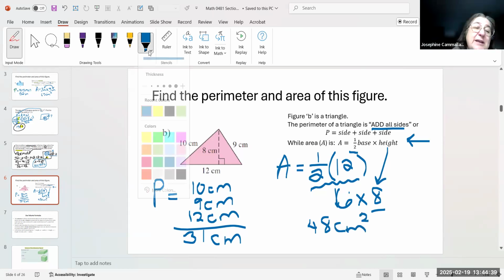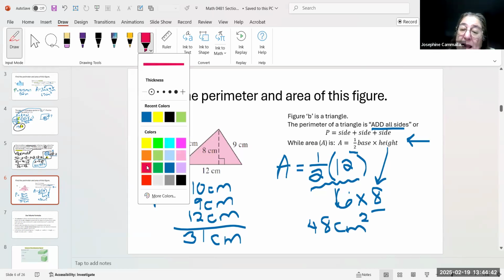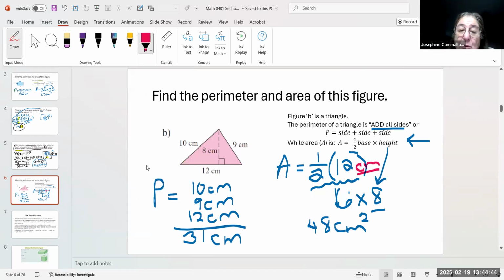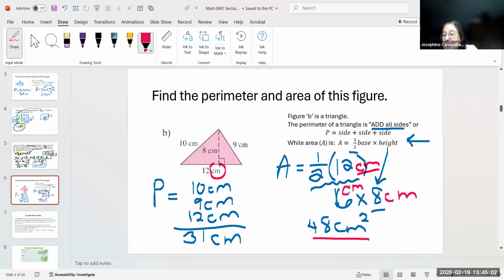And why is it centimeters squared? Because this 12 has the increment of centimeters right here. But 8 also has centimeters. This is 6 centimeters times 8 centimeters is 48 centimeters squared. This is my area and perimeter of a triangle. And they should be stuff that you should already know. But just in case, I did a little review.